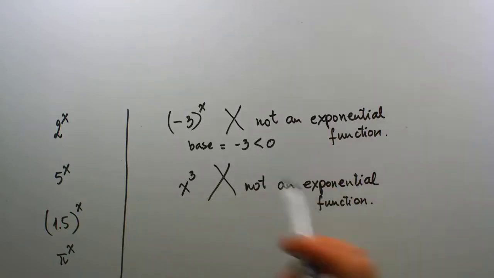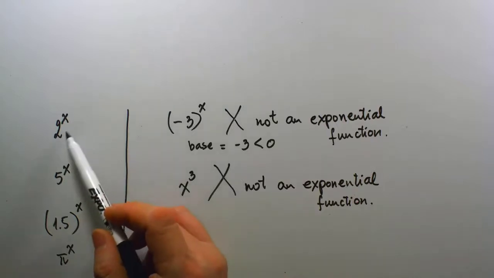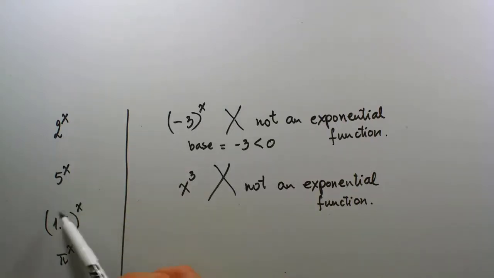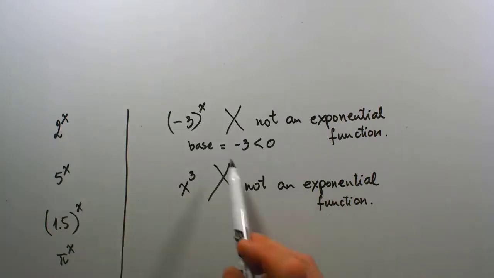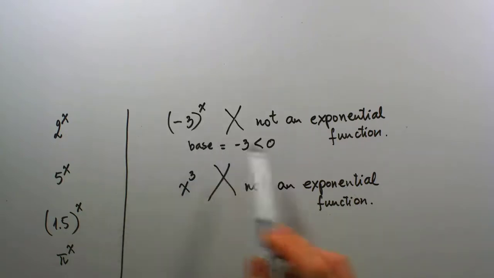And as I highlighted earlier, even though I did not put that in the formal definition yet, in order to be an exponential function, the base can be a decimal, but the bases must be positive values. And here we're looking at a negative base, so that function here cannot be an exponential function.